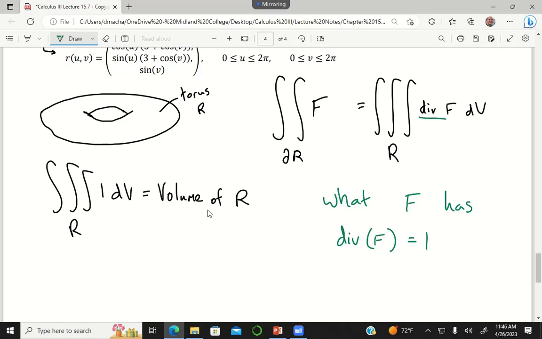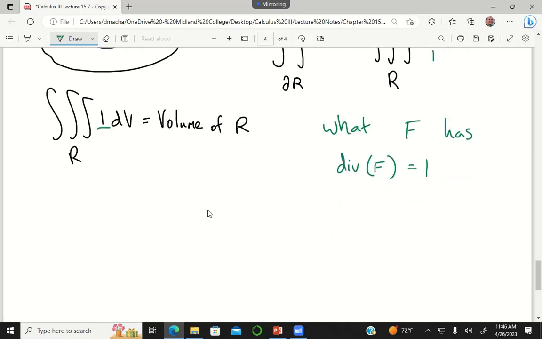Because if I could make the divergence of the vector field equal to 1, then I could make this triple integral be the same as a surface integral over the boundary. I think there's a lot of vector fields that have divergence equal to 1. For example, one would be x over 3, y over 3, z over 3.